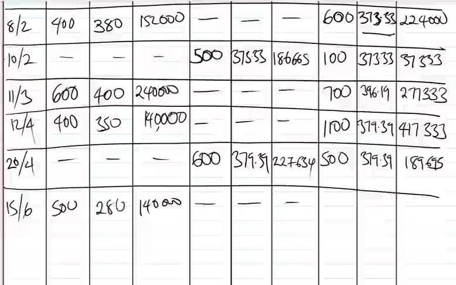For us to calculate a new weighted average, we're going to say, what is the value of the quantities in stock? So we're saying 189,695 plus the new value, which is 140,000, over how many are there in our stock, which is 500, plus the new consignment, 500, together 1,000.